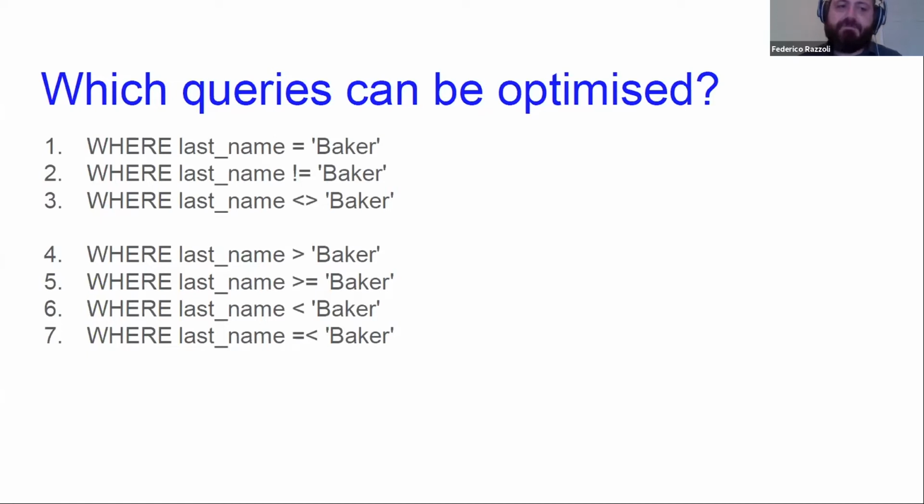In case you are not familiar with the syntax, options 2 and 3 are the same thing. Basically, it is a not equal operator. You can write it in two different ways, but it means exactly the same thing. And then we have where last name greater than Becker, greater or equal, and so on.